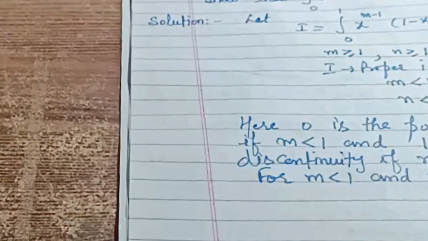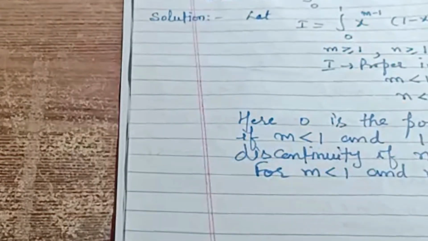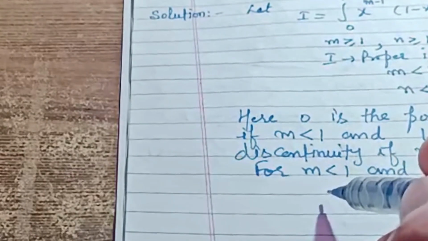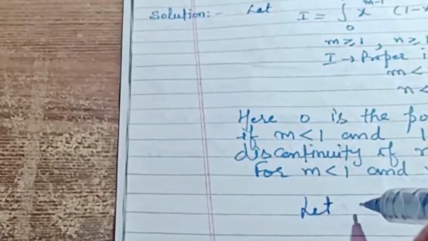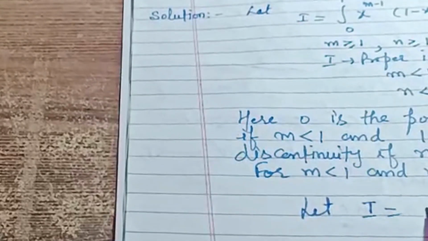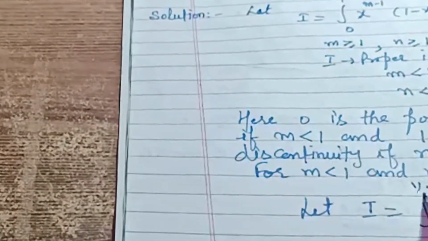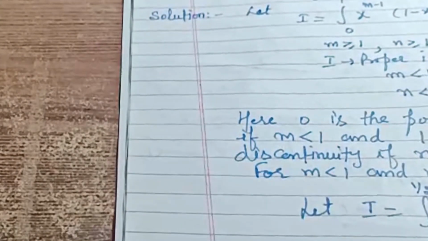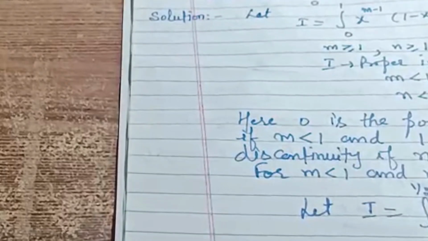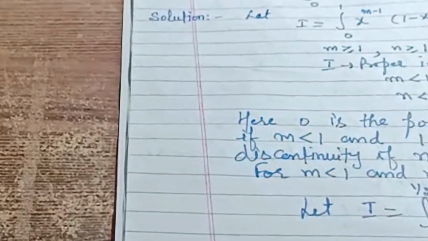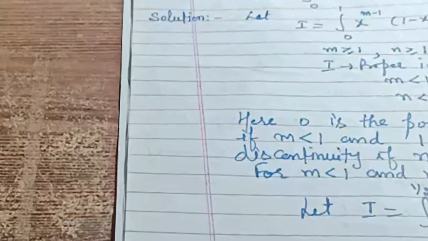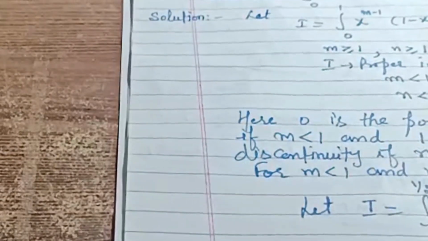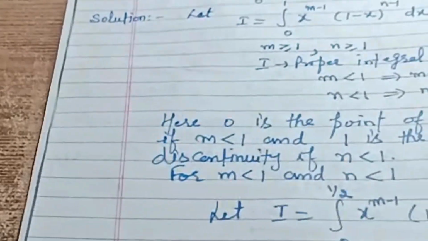So I equals the integral from 0 to 1 by 2 of x to the power m minus 1, times 1 minus x to the power n minus 1 dx, plus the integral from 1 by 2 to 1 of x to the power m minus 1, times 1 minus x to the power n minus 1 dx.